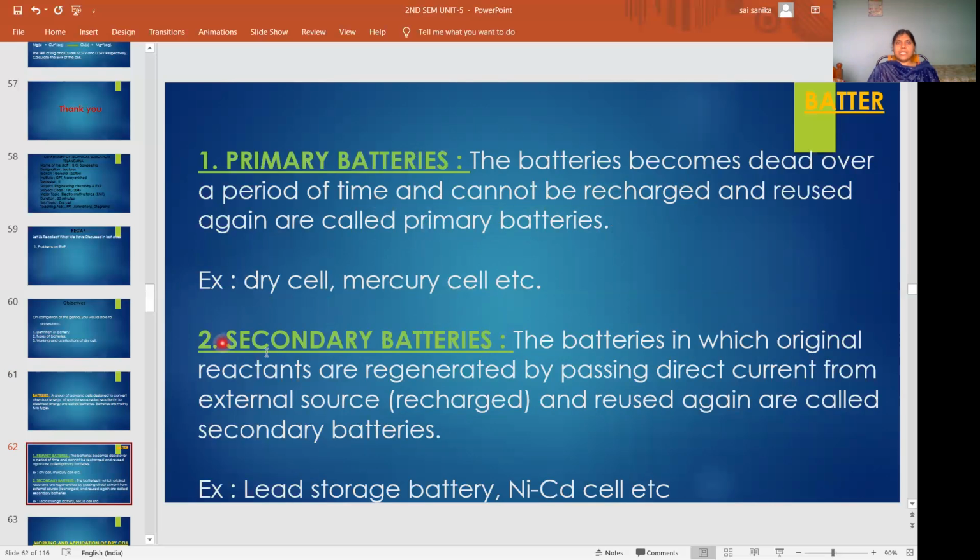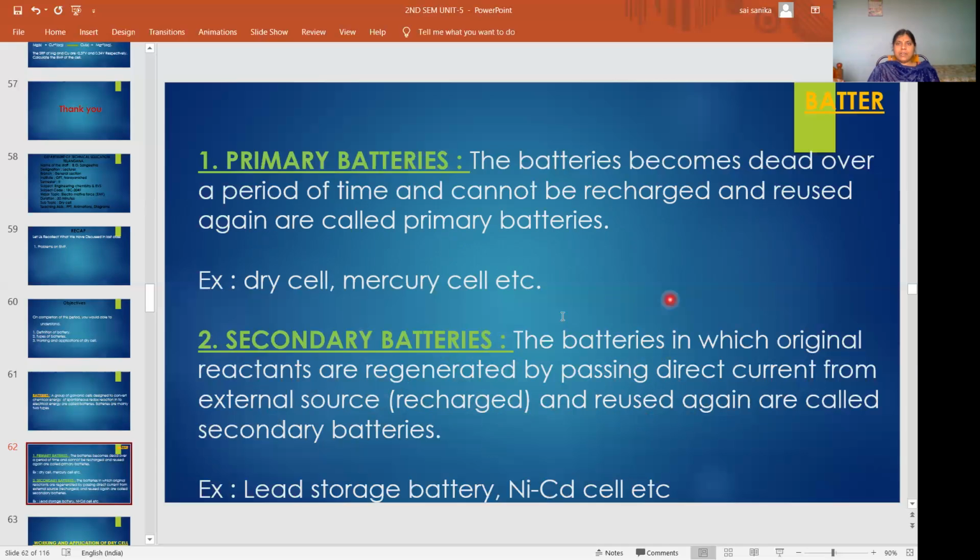Then come to the secondary batteries. The batteries in which the original reactants are regenerated by passing direct current from an external source and reused again are called secondary batteries. Simply, secondary batteries means they are rechargeable.